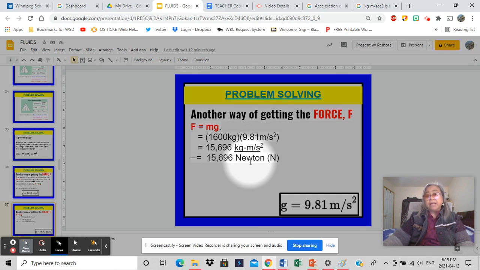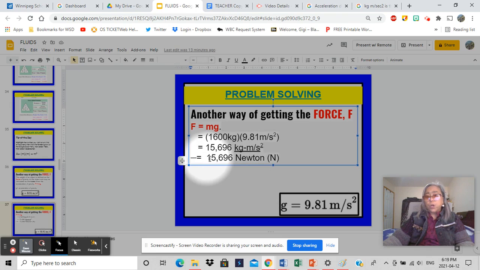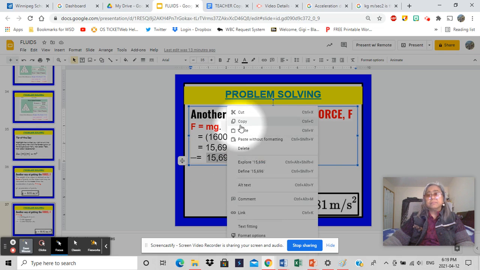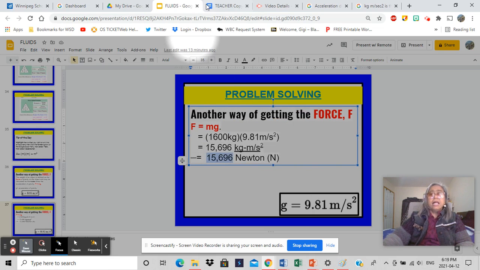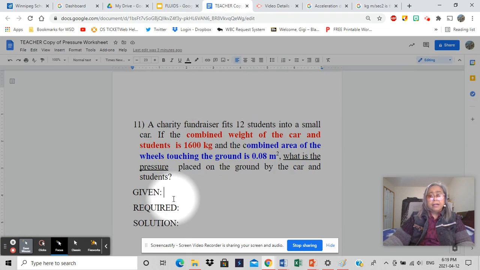Newton really is kilogram meter per second squared. So actually, this is the value now for your force. So maybe let me just copy this, and let's go back to our problem here. So here, this is now our force.